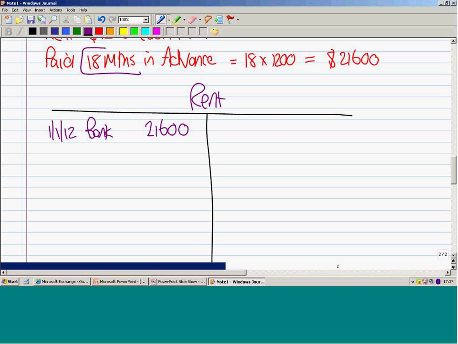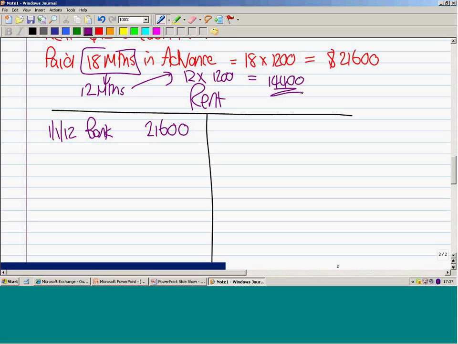We've paid 18 months, and effectively we only want to account for 12 months in our financial year. So 12 times 1,200 gives me 14,400. That's effectively what we need to be showing in our income statement for the financial year.